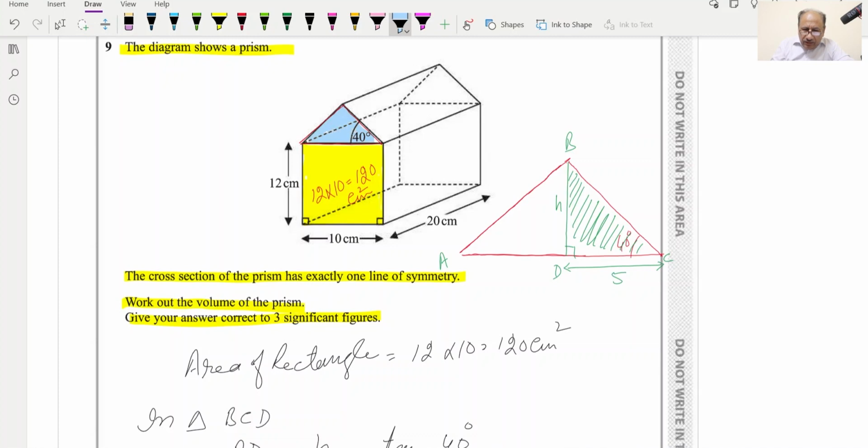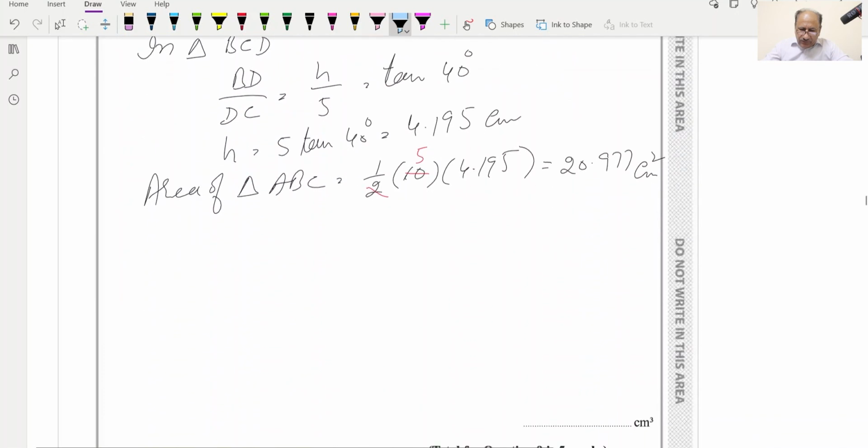Now we add the area of the triangle and the area of the rectangle, that will be the face area.